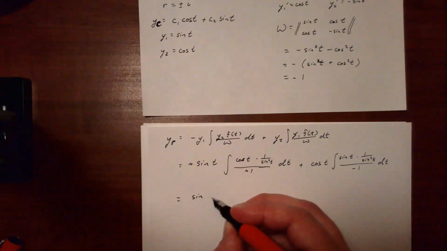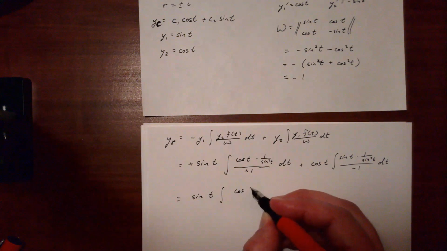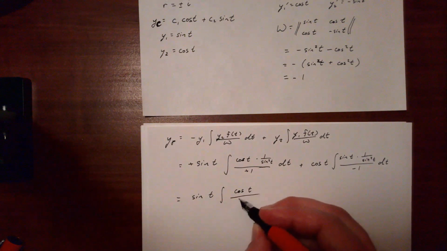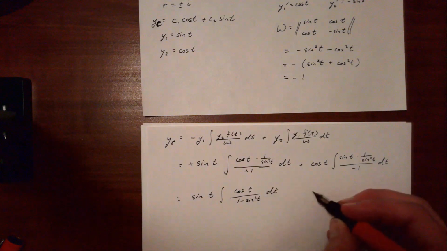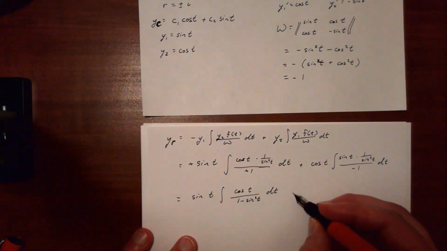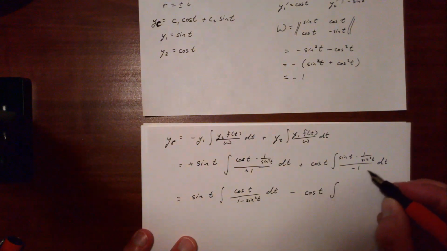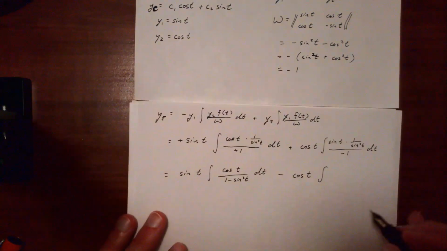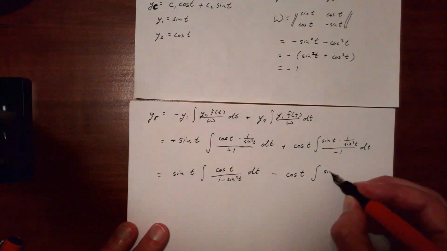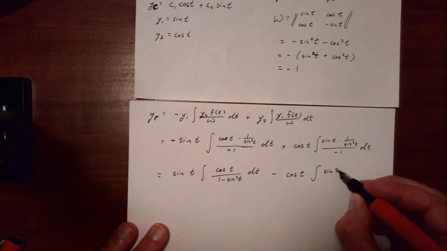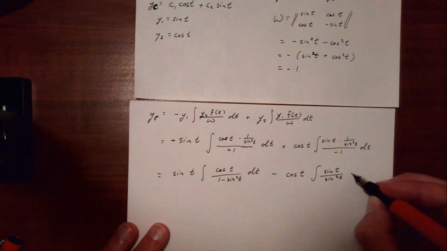So let's see what we have here: sine t integral of cosine t over sine squared t dt minus cosine t integral, and it looks like here what we're going to have is sine over sine squared, which you may think it'd be nice to cancel, but let's just hold on that for a second, sine squared t dt.